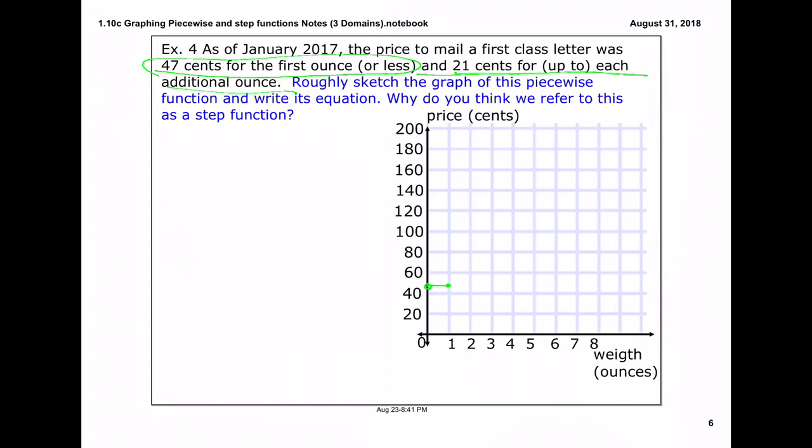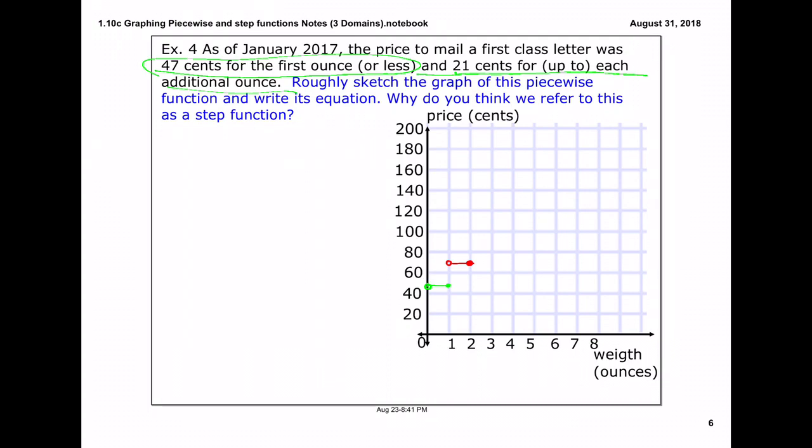For every additional ounce, we add 21 cents. So if we then add 21 cents to 47, that gets us 68 cents. So again, we have an open circle on the left side, a closed circle on the right side, because for 1 ounce, we don't want to pay 68 cents.